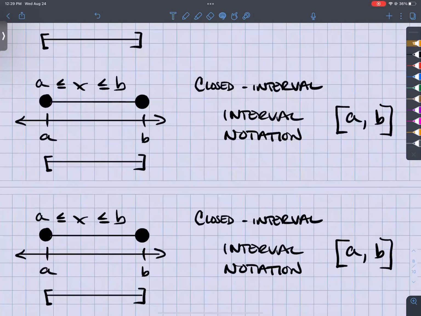So let me ask you guys this. What if I don't want it to be open or closed, but I want it to be half open, or half closed? What would that mean?